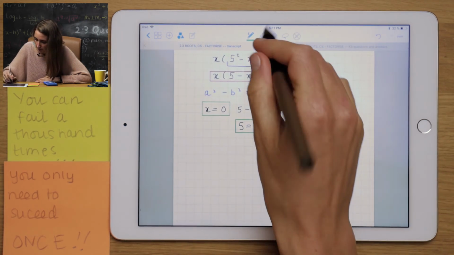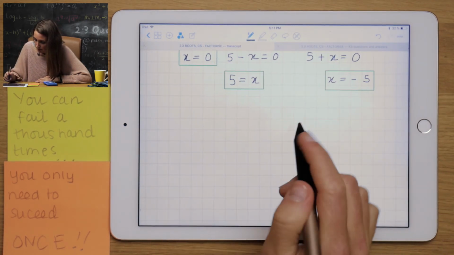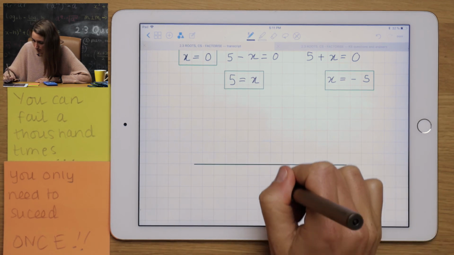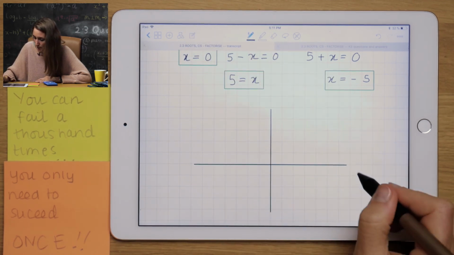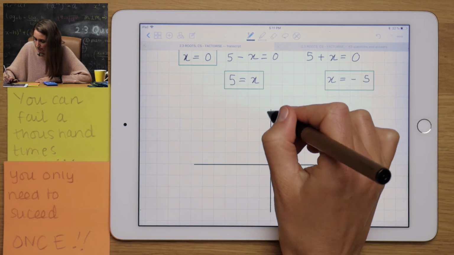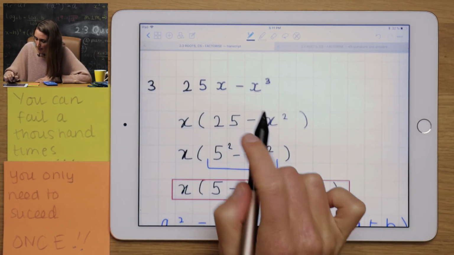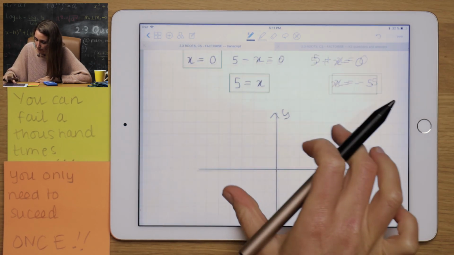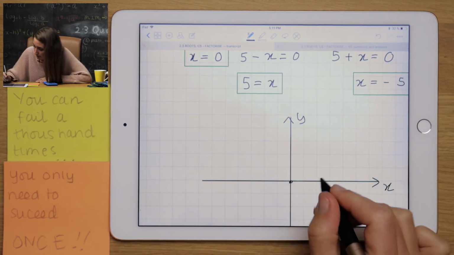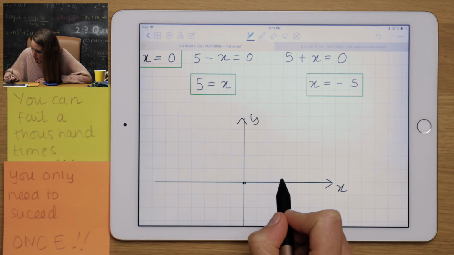To graph this, you need to be a little bit more careful because we've got a minus x cubed graph. So the process will begin the same. Here's 0, 1, 2, 3, 4, 5.